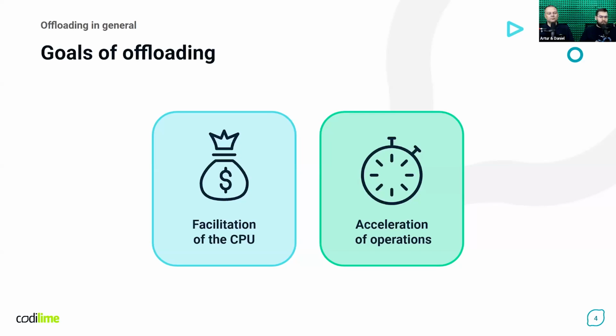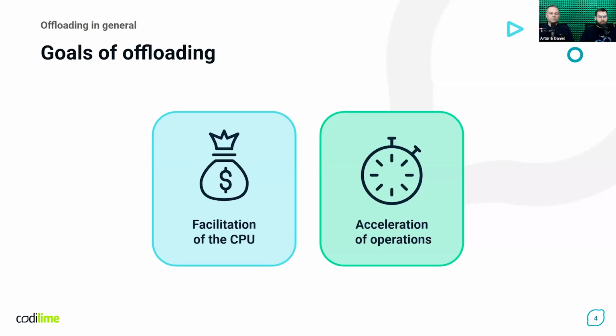For simplicity, let's take a look at two main aspects: the facilitation of the CPU and the acceleration of operations. In modern data centers, such as private or public clouds, a CPU is viewed as a sellable resource. It is shared among different VPSs. On the other hand, for cloud users, the CPU is a resource that they pay for.